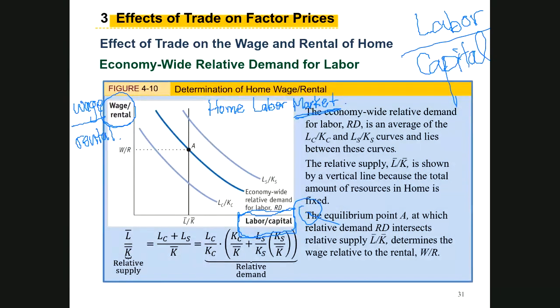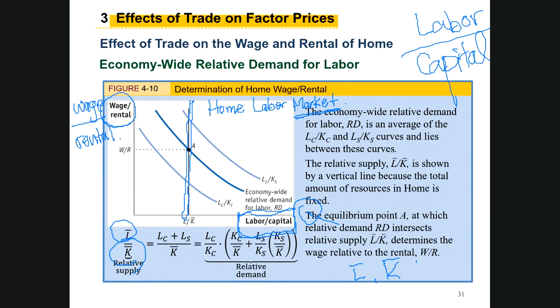And this vertical line here is the supply of labor relative to capital. It's going to be fixed because each country has its own endowment.